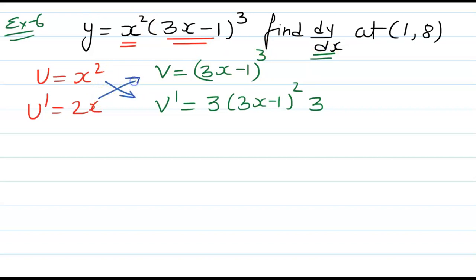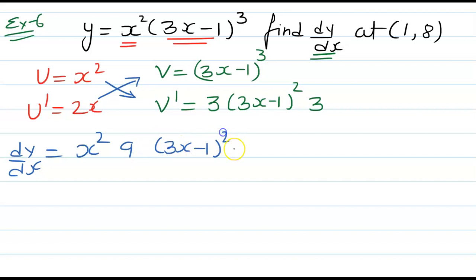Multiply this and this. So this will give you dy over dx, that is uv dash: x square, 3 times 3 is 9, and (3x minus 1) square, and then you multiply this, it will be 2x and (3x minus 1) to the power 3.